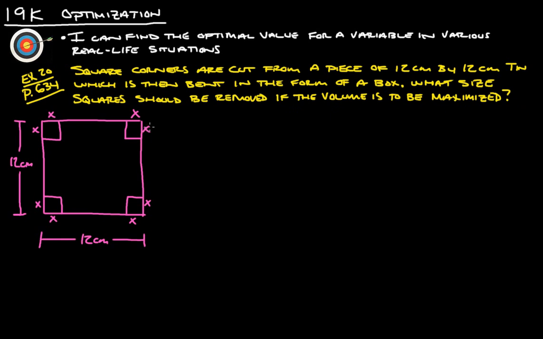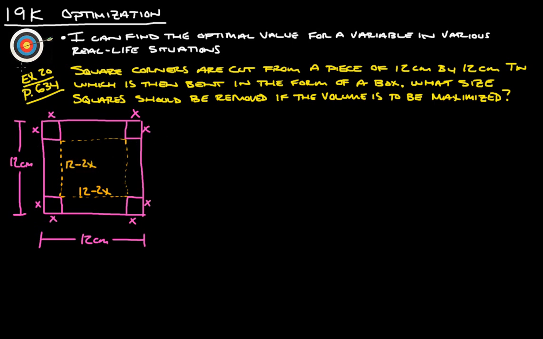Once we cut these squares, these orange dotted lines are going to be the base of the box when these sides get folded up. So if this whole thing here is 12 and then each of these are x, then hopefully it makes sense that this length here should be 12 minus 2x, and these here are also going to be 12 minus 2x.